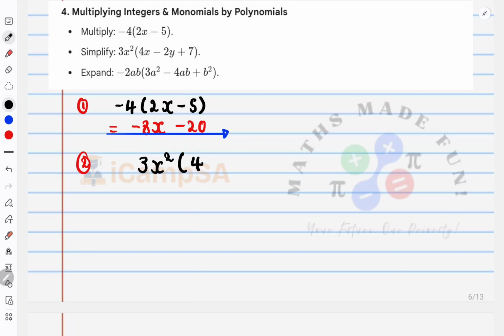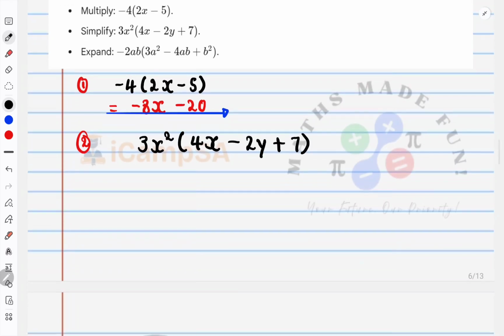Remember, we always distribute the term, or we always multiply each term inside the bracket by the term outside of the bracket. So we have to multiply this second term and the last term.